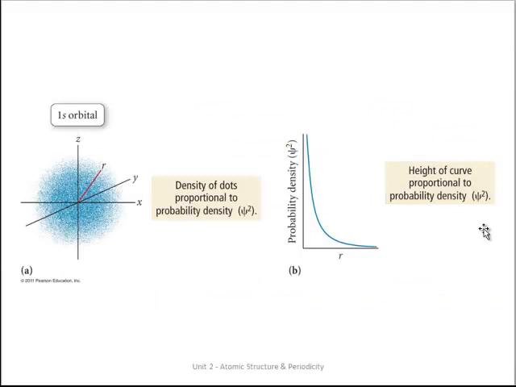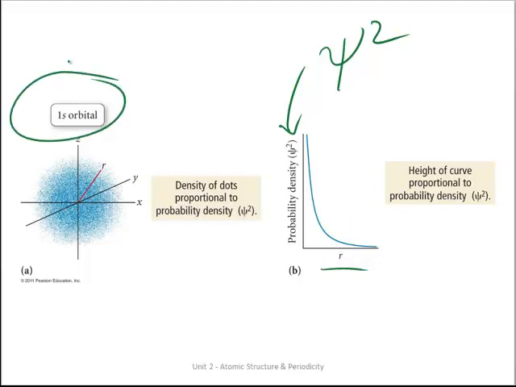Now, if we go back to our Schrodinger equation and discuss what we reference as the orbital, if we plot distance from the nucleus, r, as a function of our wave function squared, psi squared, what it looks like is that the probability of finding the electron in our 1s orbital increases as we go closer to the nucleus, and of course decreases as we get further from the nucleus.